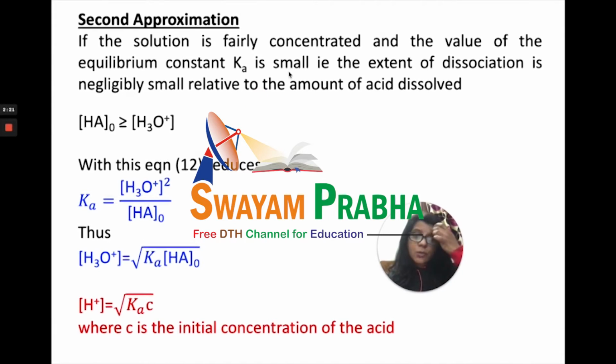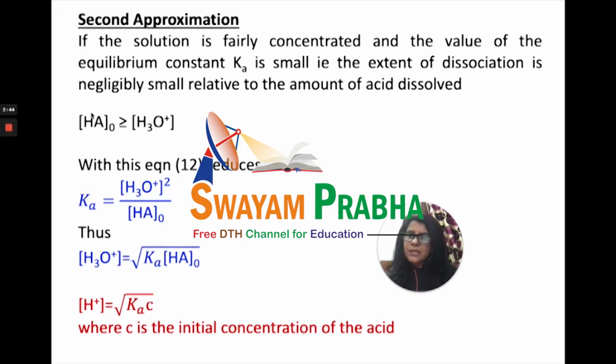Now, what does a low value of equilibrium constant mean? That the dissociation is small. That is, most of the acid remains in the undissociated form and very little gets dissociated. So, if we are talking about a weak acid, most of it is present in the undissociated form and very little is present in the dissociated ion form.